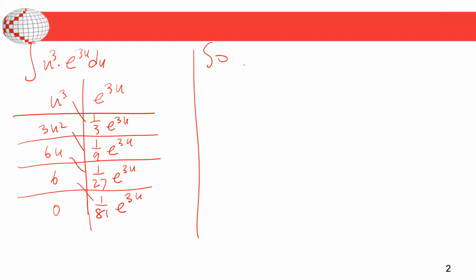So the integral of u cubed e to 3u du is going to be u times 1/3 e to 3u. That's the first product.